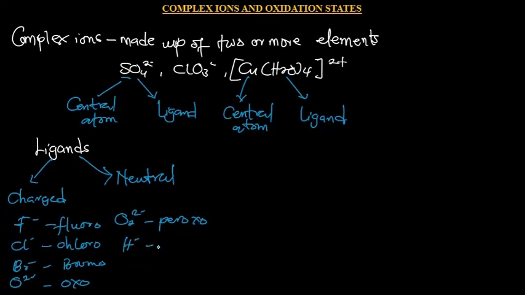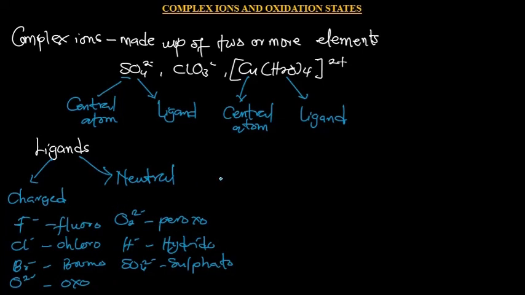A hydride is known as hydrido. Sulfate is known as sulfato. These are some examples of charged ligands. All of these have a charge: fluoride has a charge of -1, chloride -1, bromide -1, oxo has a charge of -2, and so on.